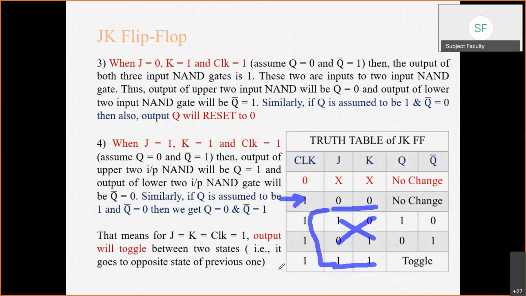And whenever the value of T is 1, that means J and K will be 1 and your output will be in toggle mode. From this truth table itself it is pretty clear, but anyway, we will see its working in detail.